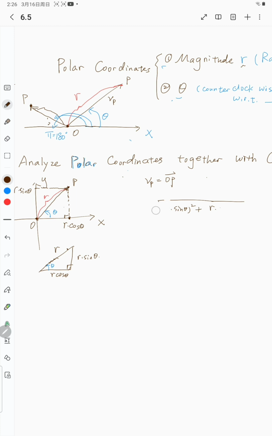Okay, so let me write this in this way: the square root of x_P, the x coordinate of this point P squared, plus the y coordinate of this point P squared. So this is just a process of plugging in, right?